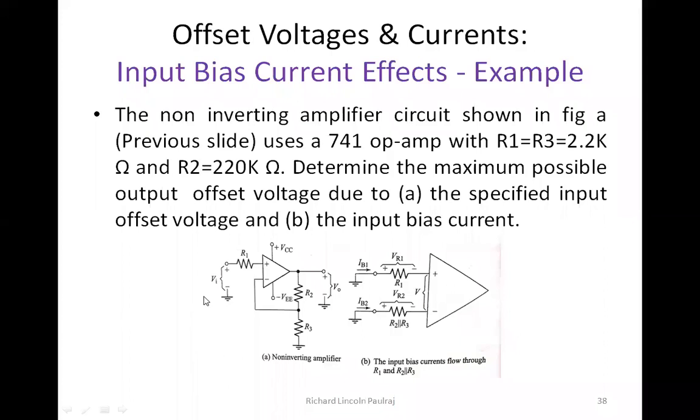So I hope all of you have this circuit with you right now, right? We will start solving this problem, and we will try to understand the cases as to how this bias current plays an important role.